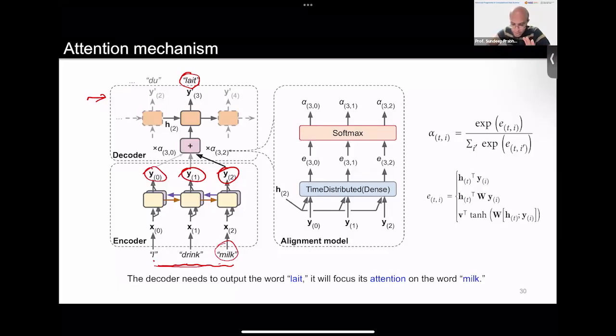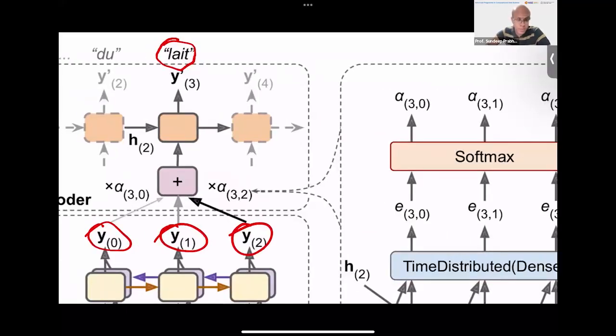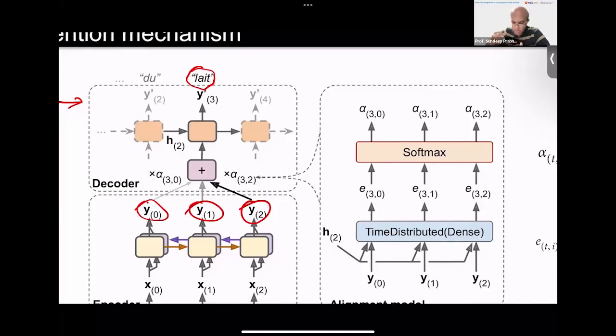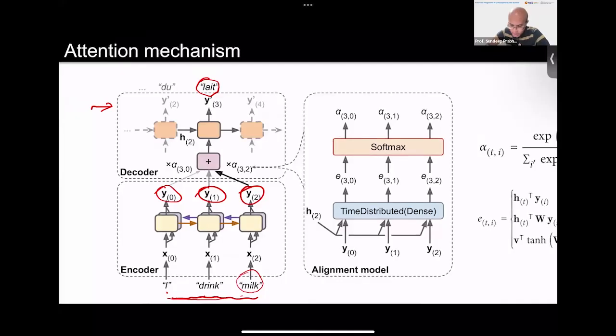We have to assign weights, and the weights are indicated here by the shades of black. So black, gray, and light gray indicate that alpha 3,2 is basically how much the encoded output at time 2 should depend on output Y3. This is 0, it doesn't depend on output Y3.